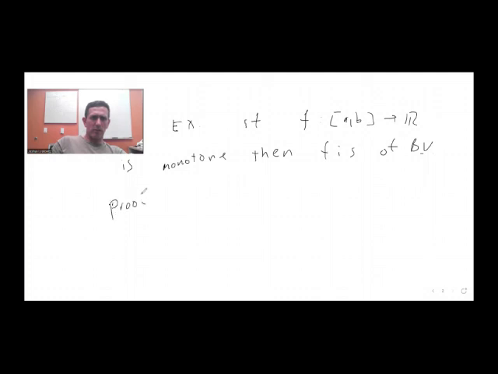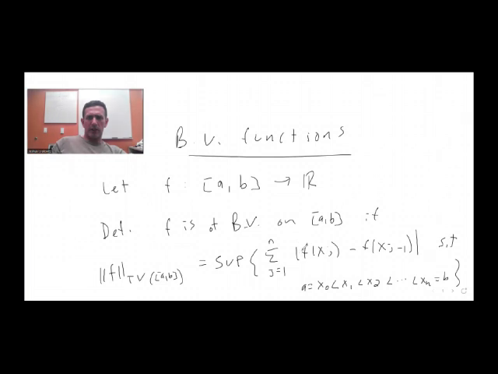So what's the proof? Well, without loss of generality, assume F is non-decreasing or just increasing on A to B. Otherwise, just replace F with minus F, and replacing F with minus F has no effect here.